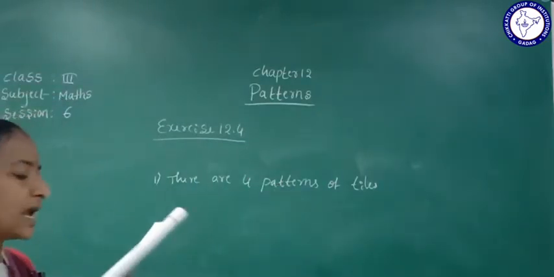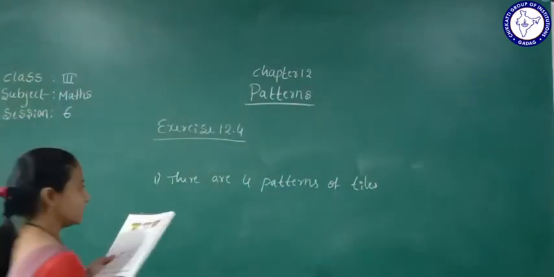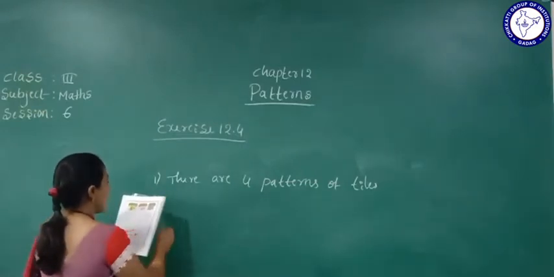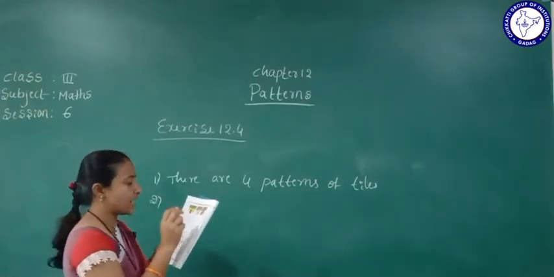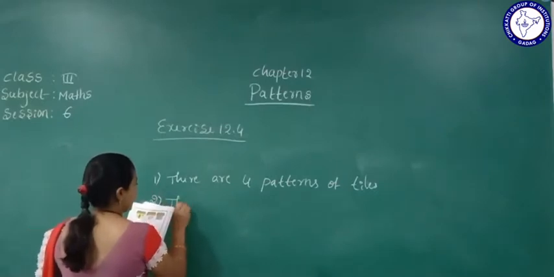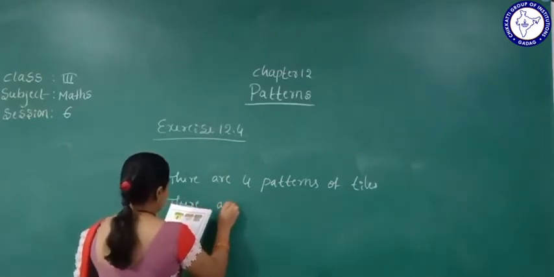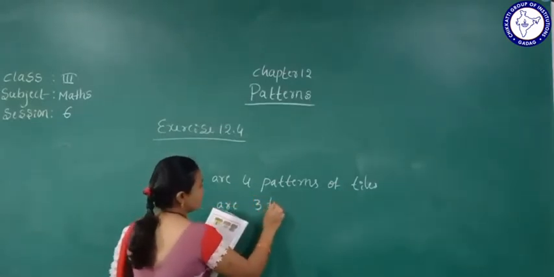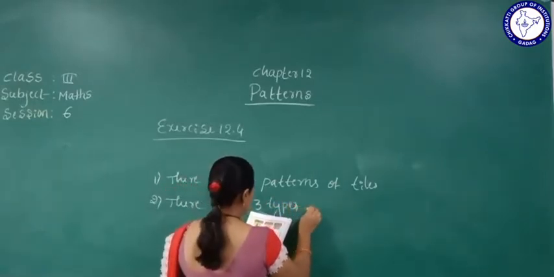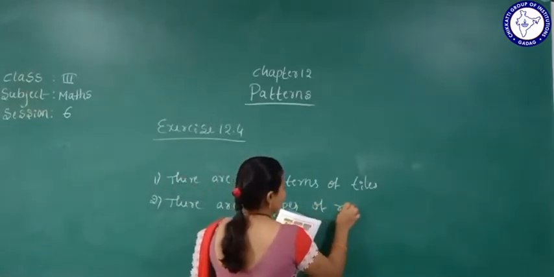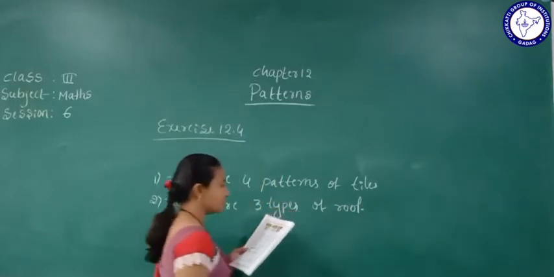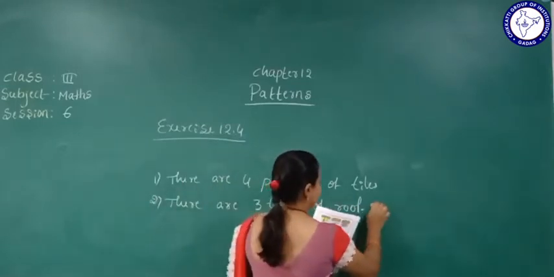See, how many types of roof tiles are there? Second question: how many types of roof tiles are there? There are 3 types of roof. Yes, how many types of roof tiles?